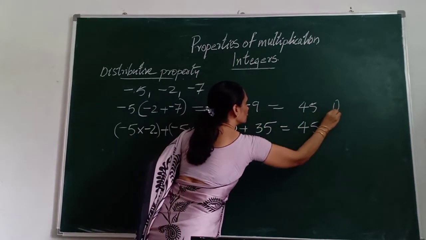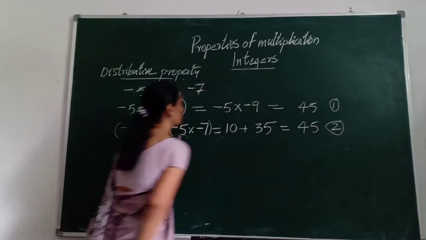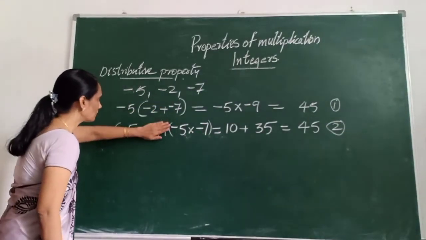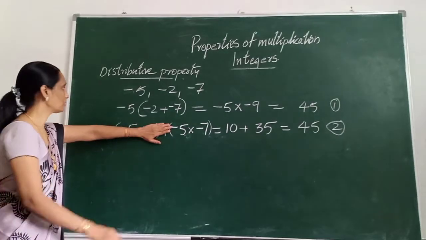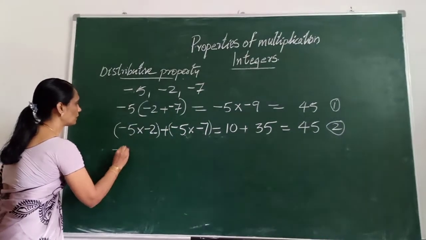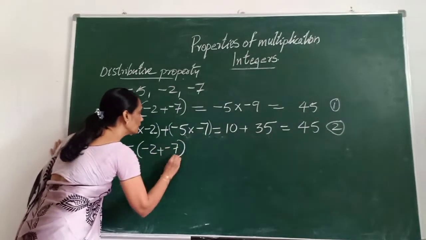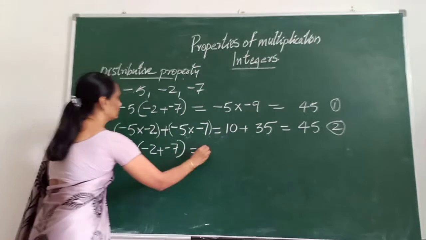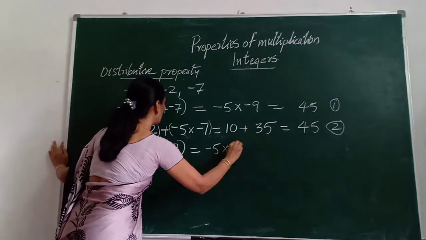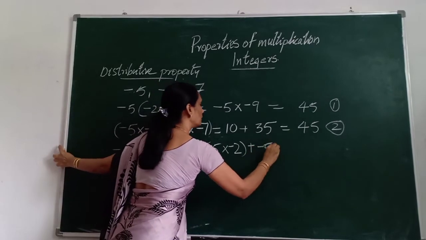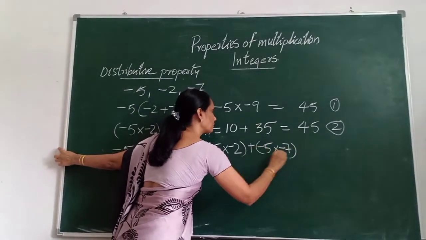45. So from these two cases, from equation number 1 and 2, what did you get? This one is equal to this one. Right? That means from 1 and 2 we can write minus 5 into (minus 2 plus minus 7) is equal to minus 5 into minus 2 plus minus 5 into minus 7.